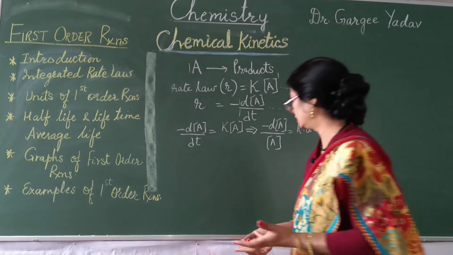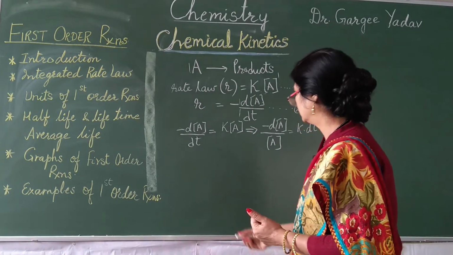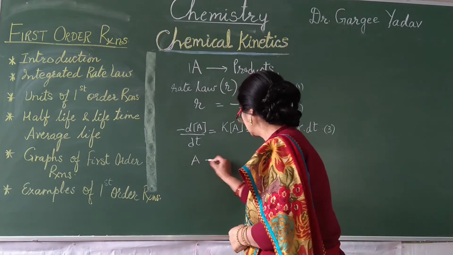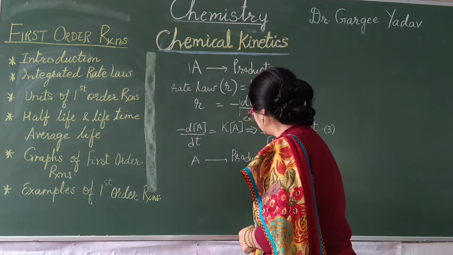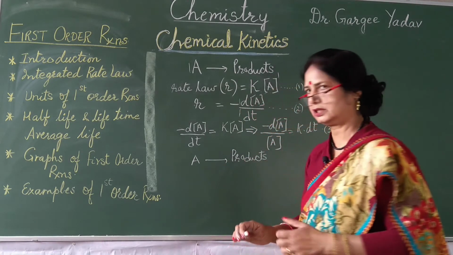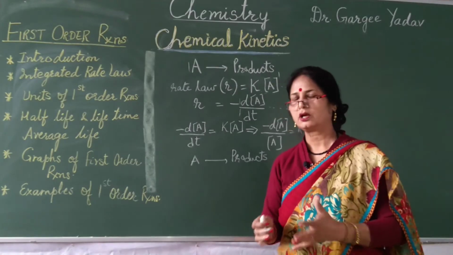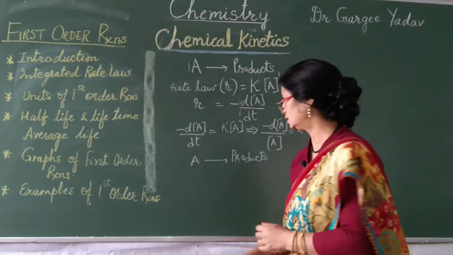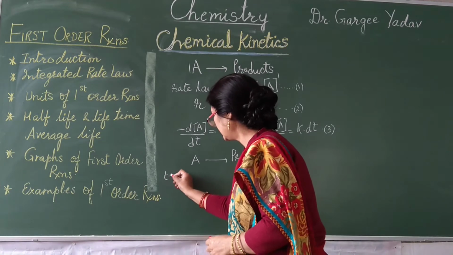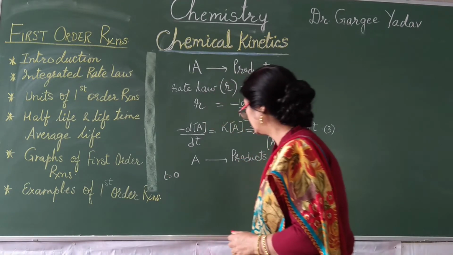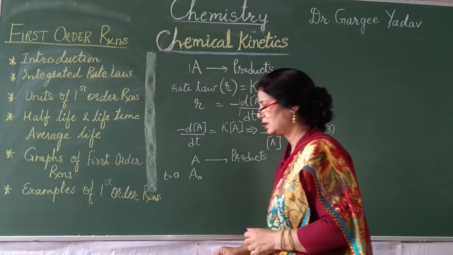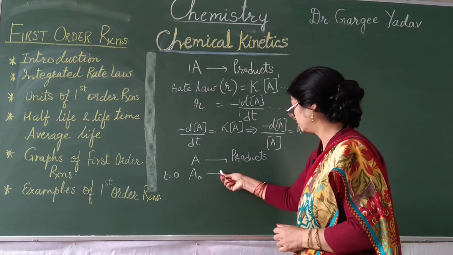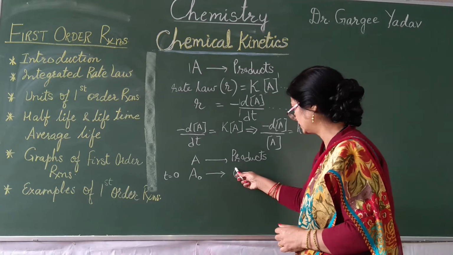For integration, suppose this is our reaction. When the time is 0, t is equal to 0, let the concentration be A0, and the concentration of products will be 0 at this instant.